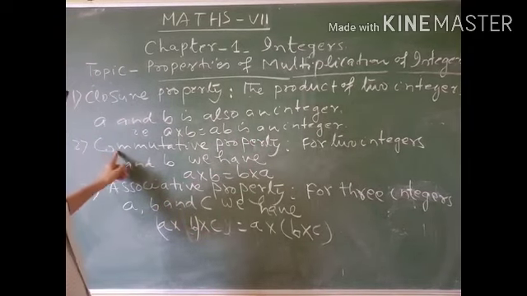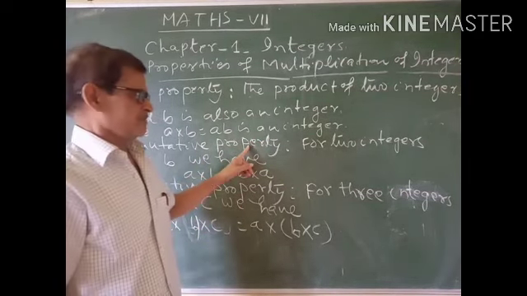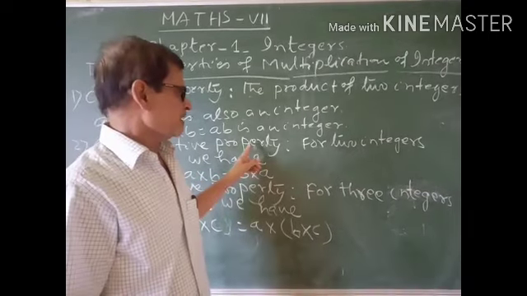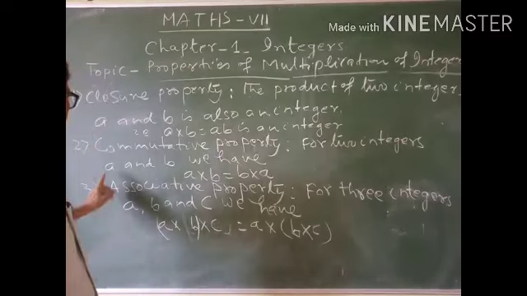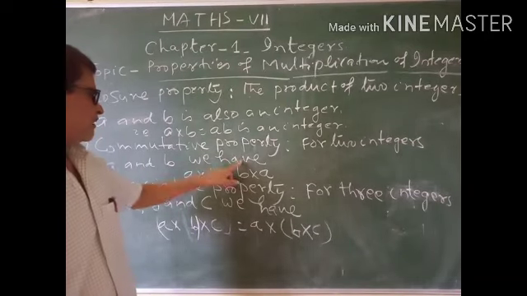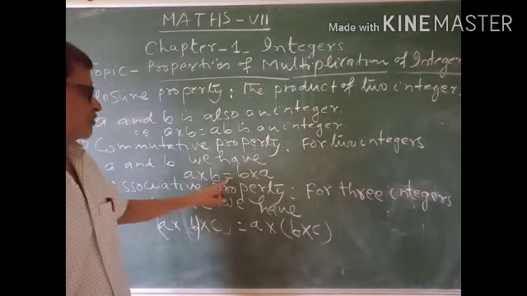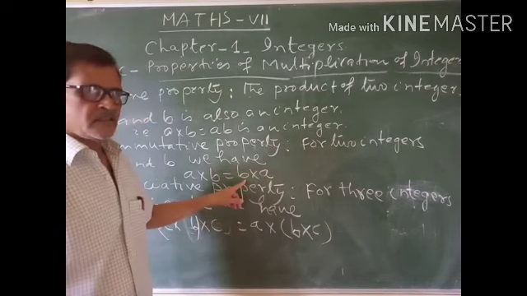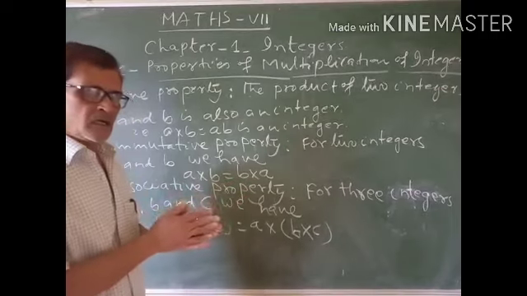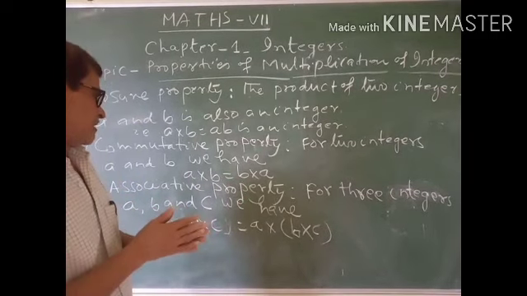The second property is commutative property. This property deals for two integers a and b. We have a into b equal to b into a. Means product doesn't depend upon the order of integer.